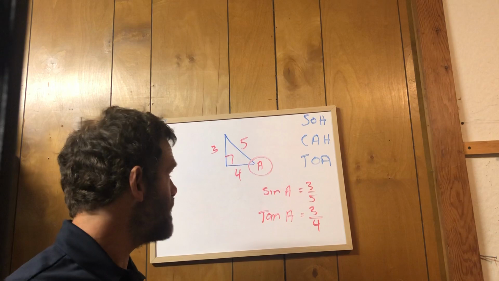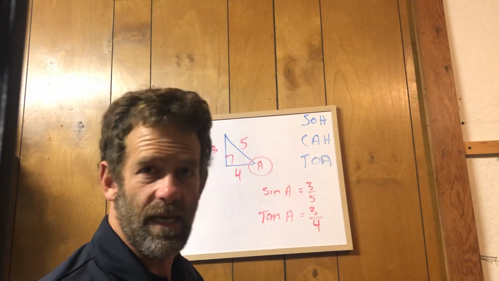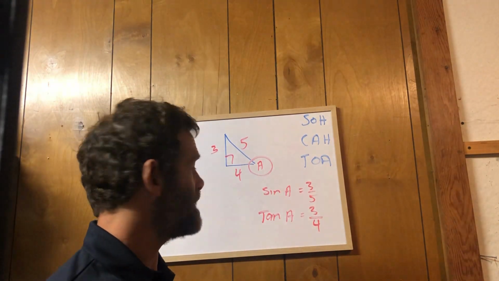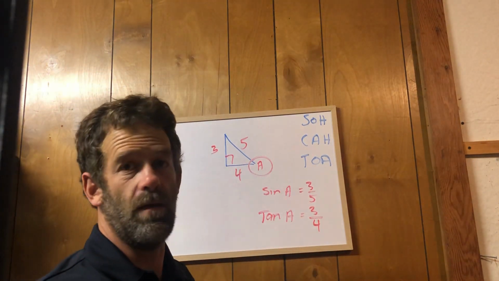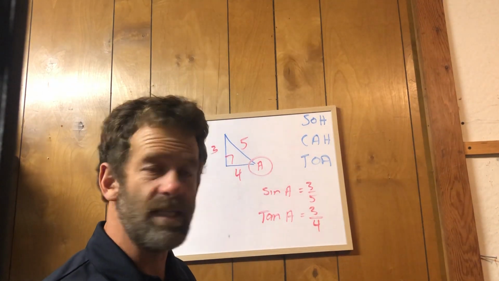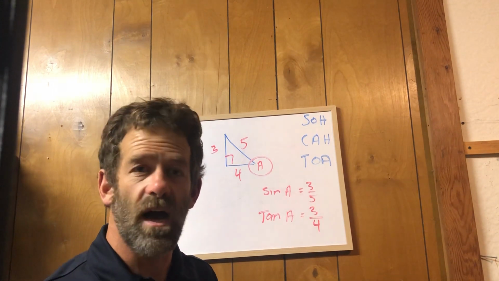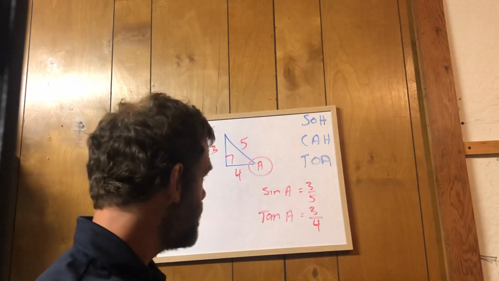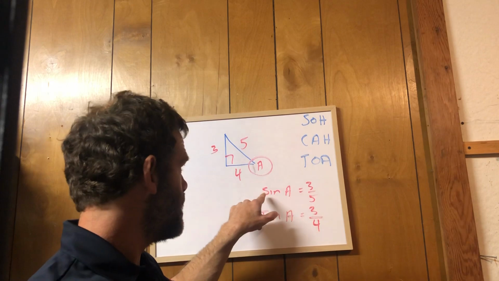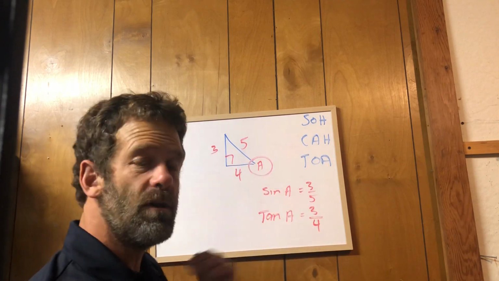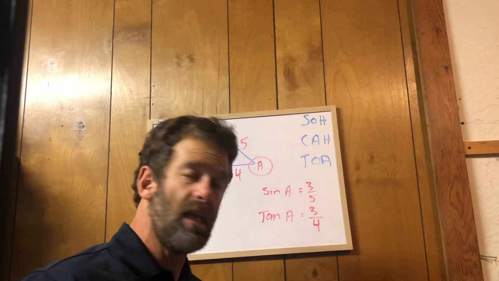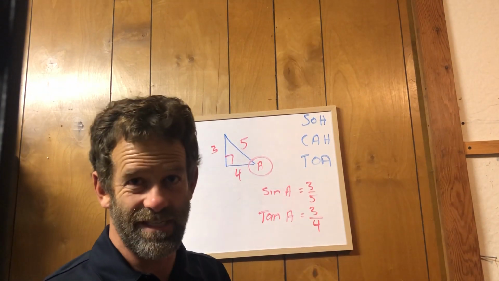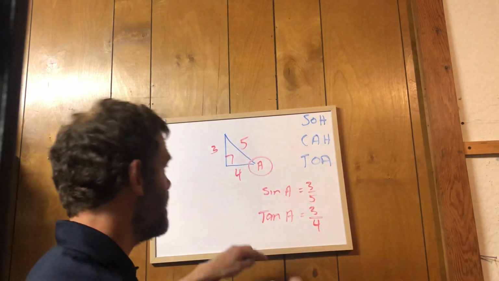Well, what I'm going to be asking you guys to do today is to find this specific angle. And it's really easy. Whenever I ask you to find a specific angle, you set up either sine, cosine, or tangent of that angle. You need a calculator for this.